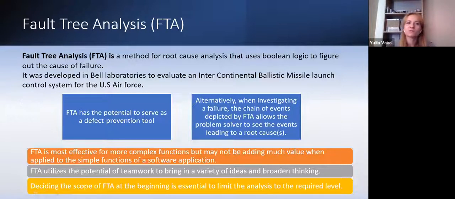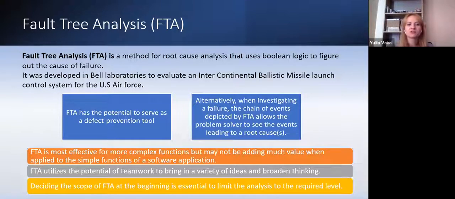So when should you use it? FTA is most effective for more complex functions, but it could be used even when applied to some small problems. I will show you a few simple examples, but it could be very useful for complex functions. The tree analysis structure, especially in software development, is kind of natural for us.